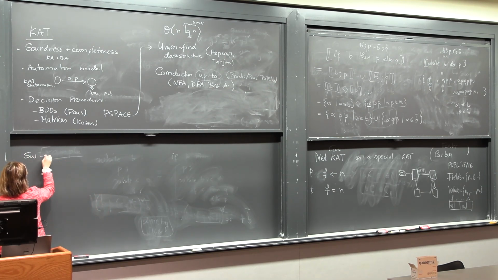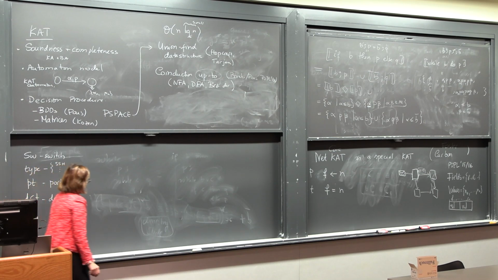I have SW that tells me which switch I'm at. I have type, which can be things like SSH and other things. And I have port, the port in the switch in which I might go in or out. And I also have destination. DST is just destination.